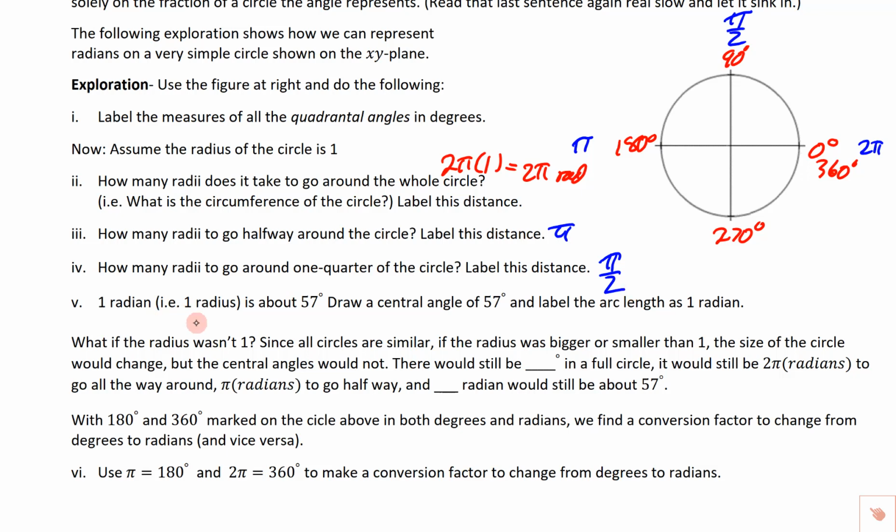Now I want you to draw a radian, and I'm going to tell you what a radian is in degrees. It's not exactly 57 degrees, but it's pretty close to 57 degrees. So I want you to draw a central angle that's about like that. I want you to label it as 57 degrees. And then this out here is 1 radian.